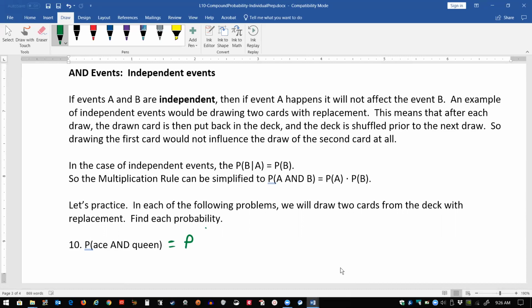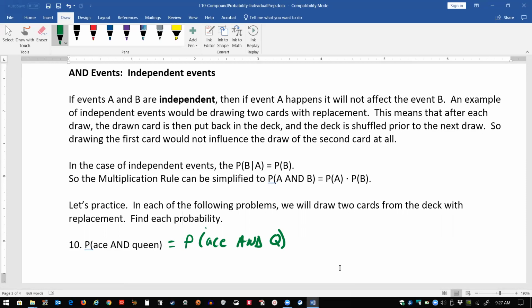So we're going to be finding the probability of getting an ace. Now we're drawing 2 cards in succession, right? So we want to find the probability that the first one is an ace, followed by the second card being a queen. Okay, so an ace and a queen. What's our chance of getting that specific sequence of outcomes?